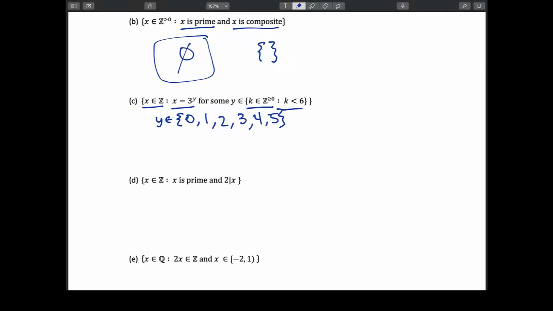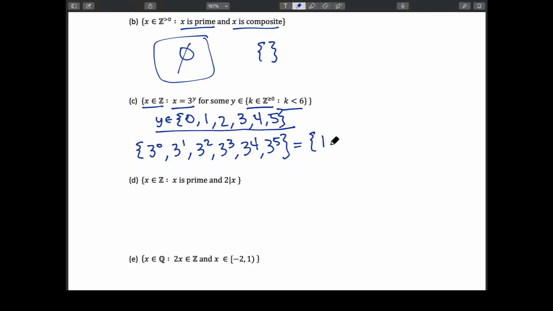And that's it. So using what we know about y, this set is the set of integers x equals 3 to the y, where y is in the set 0, 1, 2, 3, 4, and 5. So this is the set 3 to the 0, 3 to the 1, 3 squared, 3 cubed, 3 to the 4th, and 3 to the 5th power. And we can figure out what those are equal to by just doing a bit of multiplication.